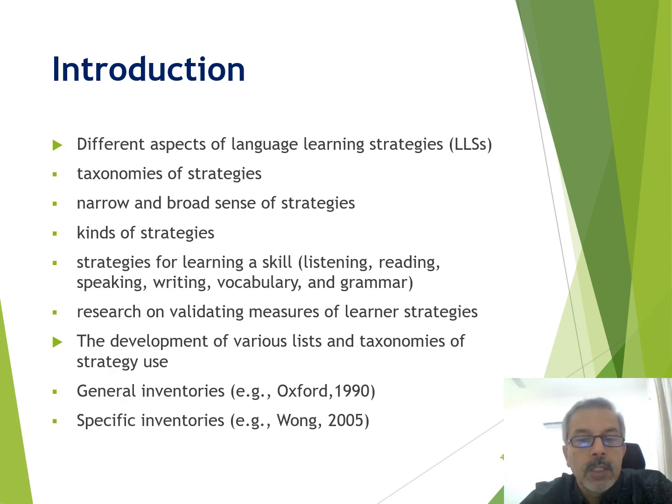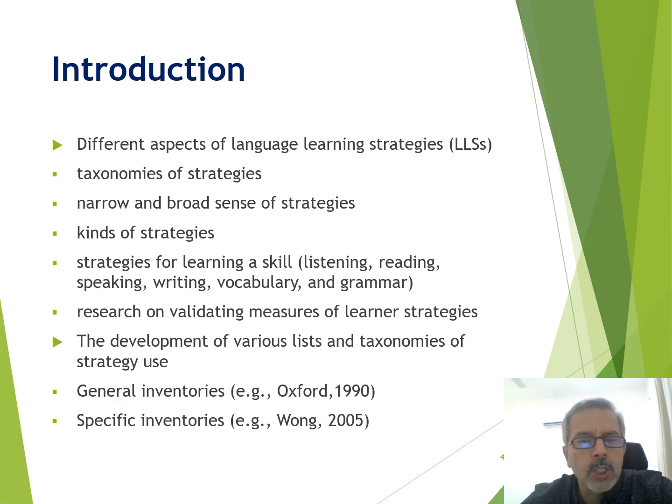But let me talk about the taxonomies for language learning strategies. We have general taxonomies and we have specific ones. The general taxonomies or inventories try to address general strategies. We have different attempts.